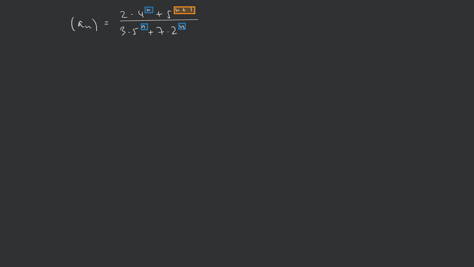We can change this to n by splitting away one factor 5, what we do now. So we have 2 times 4 to the power of n plus and now 5 times 5 to the power of n. So that is the change. And 3 times 5 to the power of n plus 7 times 2 to the power of n. So now we only have expressions of some bases to the power of n.